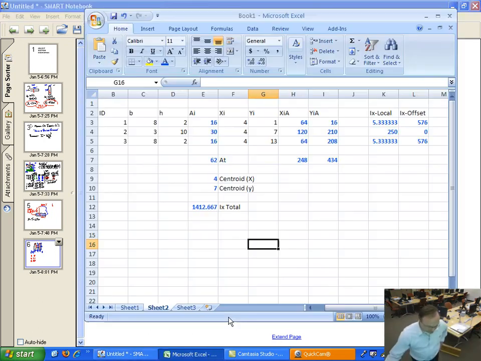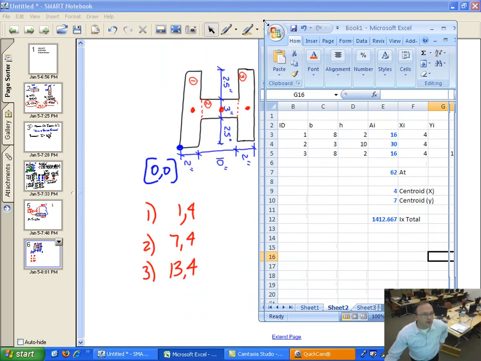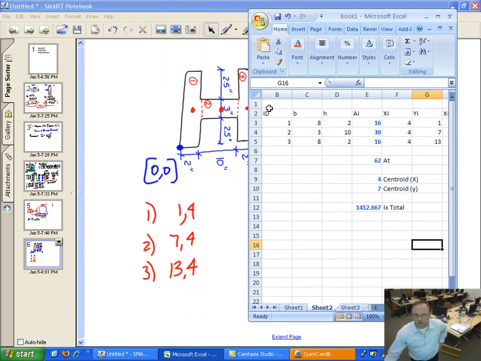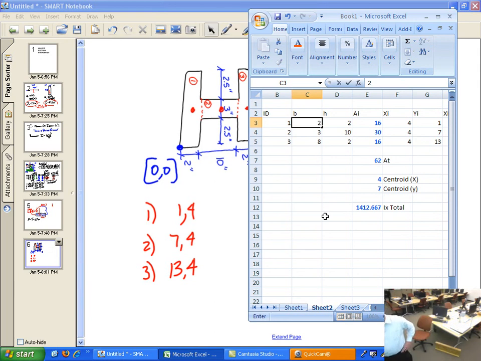Let's go back and change our values. Section 1 has a base now of 2 and a height of 8. Section 2 has a base of 10 and a height of 3.